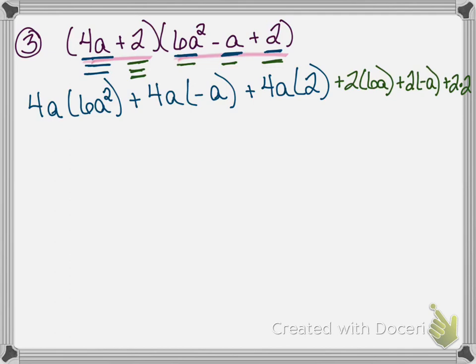So I have 4a times 6a squared. 4 times 6 is 24. A times a squared is a to the third. 4a times negative a, that's 4a times negative 1a. So don't hesitate to put that negative 1 right there. 4 times negative 1 is negative 4. A times a is a squared.